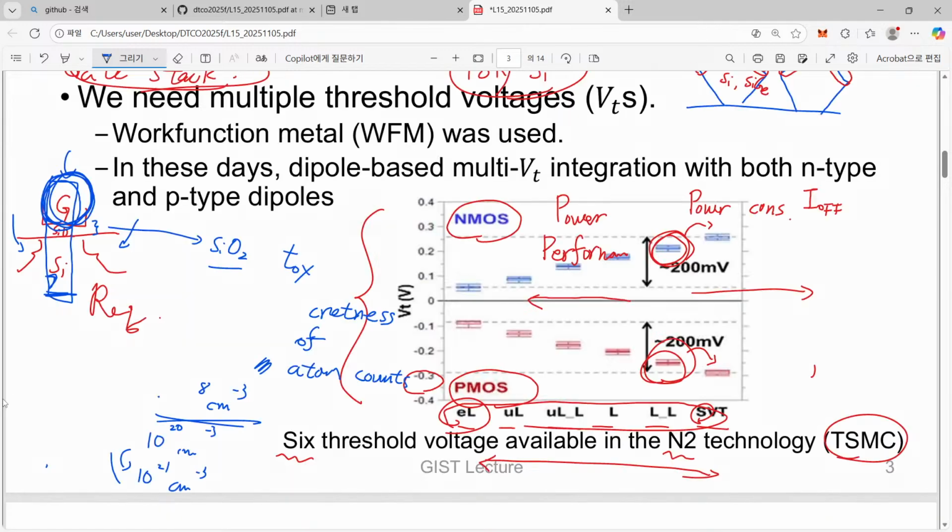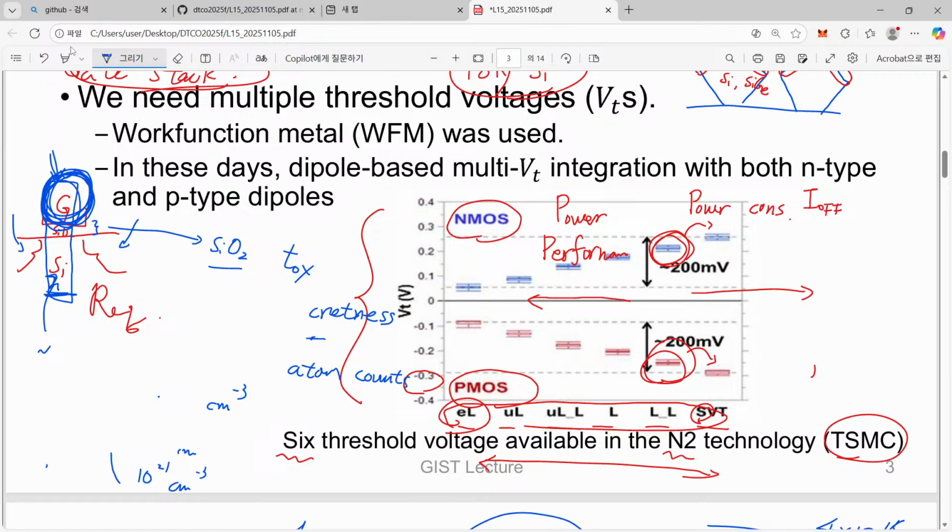So nowadays, people think that the silicon substrate is quite close to an almost undoped one, and the only important factor to control this threshold voltage comes from this gate part. Then how can we change the gate part?